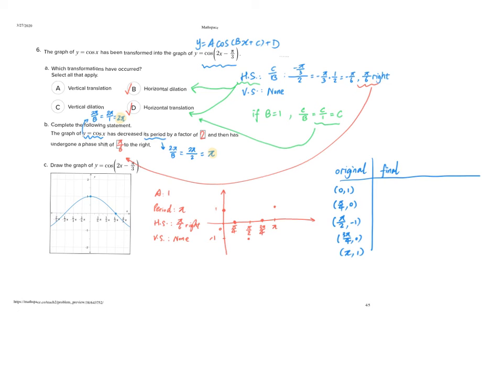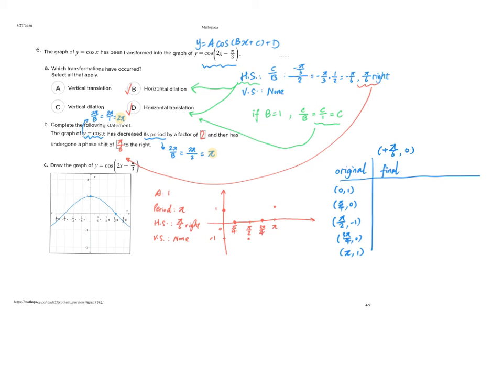Our translation is all the x values plus pi over 6 because we are moving pi over 6 to the right. And we don't have vertical translation, so none for the y coordinates.